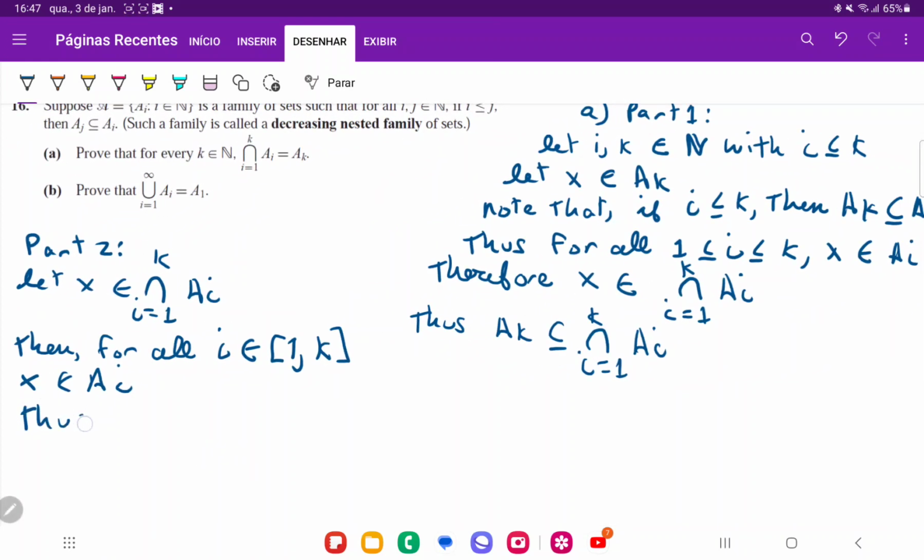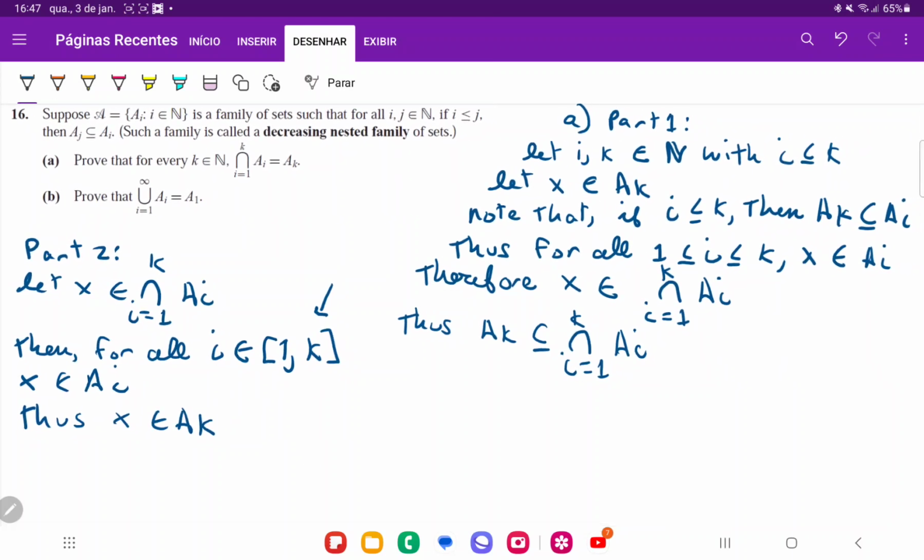Thus, x belongs to a sub k, because you can see here that k is within that interval. So we began with x belonging here, and then we showed that x must be here.